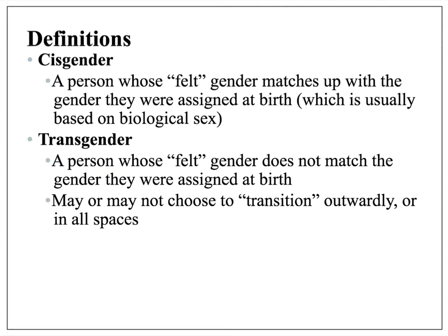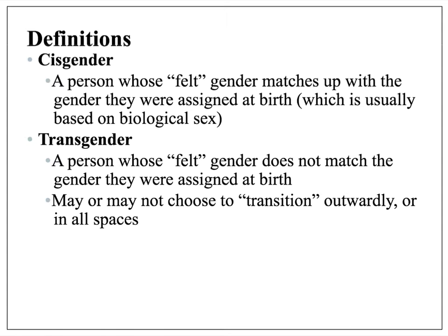The term cisgender. You may or may not have seen this term before, but this is a person whose felt gender matches up with the gender that they were assigned at birth, which is usually based on biological sex. Most people that you see in your day-to-day life are cisgender.